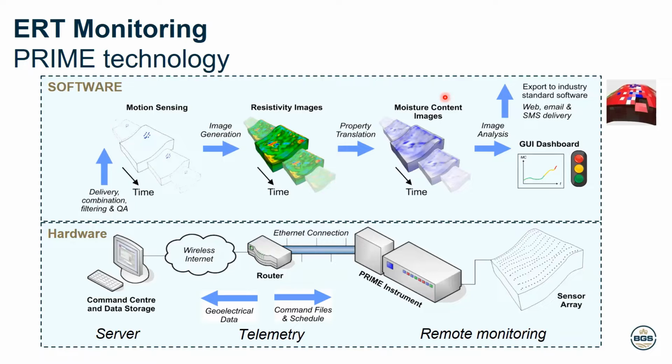So essentially, it's composed of a resistivity meter, the PRIME instrument, which pilots a set of electrodes, which are then acquiring the data on a scheduled basis, if you like, and thanks to telemetry, we can communicate to the instrument, which is installed at specific sites, and then we can acquire the data.